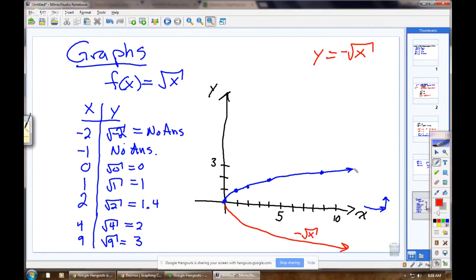So the blue thing on its own is a function, the red thing on its own is a function, but together they wouldn't be, right? Because they failed the vertical line test. But individually they are. And notice they're mirror images of each other. And that makes what's called a sideways parabola. We'll talk about parabolas more in the next chapter. So in section 1, you're going to learn more about the square root function. So I'll just show a few of them here.